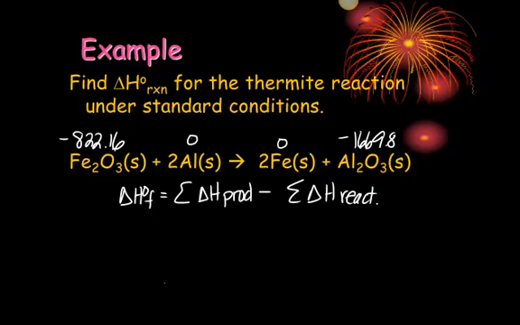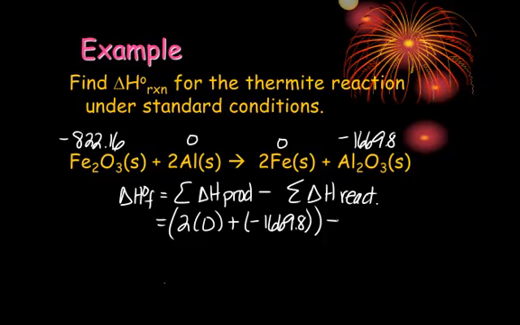So plugging in the values that I looked up from my table, I have a coefficient of 2 in front of the iron, so it's 2 times 0, plus, because it's a sum, the standard enthalpy of formation of the aluminum oxide, negative 1,669.8. That's my product standard enthalpy of formation.